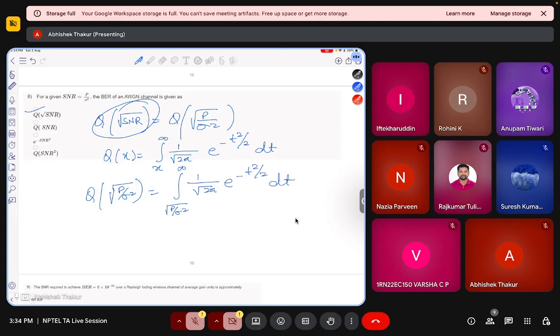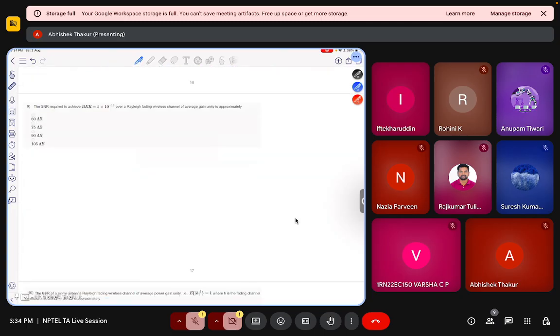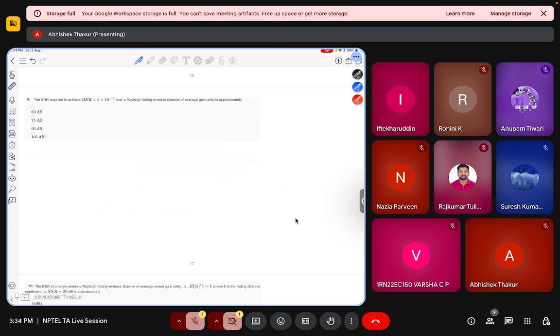Now moving to question number 9. The SNR required to achieve the bit error rate of 5 into 10 to the power of minus 10 over a relay fading wireless channel of average gain unity is approximately. So again the same formula we will use. So bit error rate is equal to 5 into 10 to the power of minus 10. So bit error rate will be 1 by 2 into SNR.